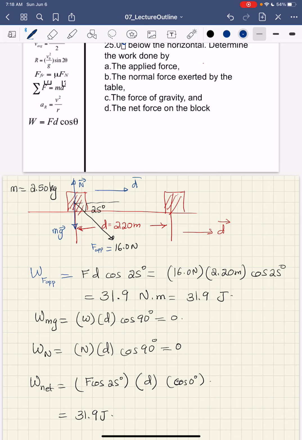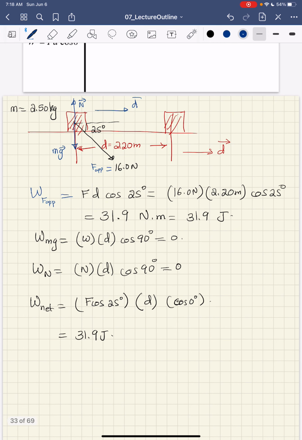The work done by the net force on this object is going to be F cosine 25 times d times cosine 0, which is 31.9, because this is the net force on the object.